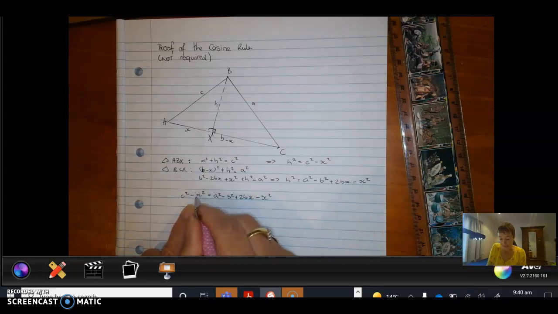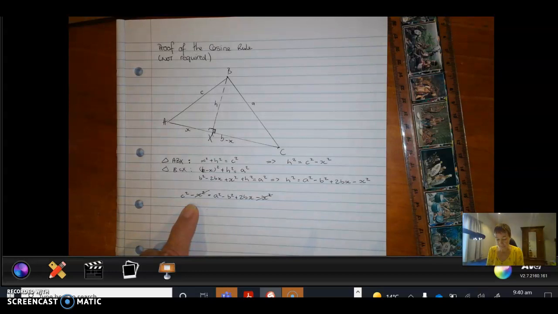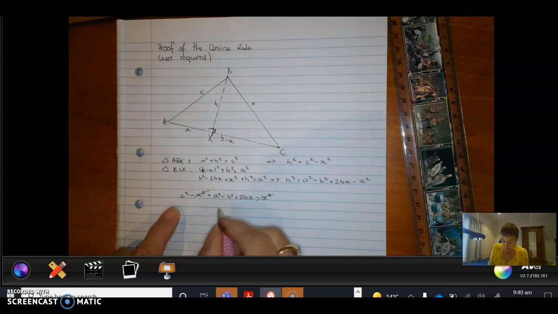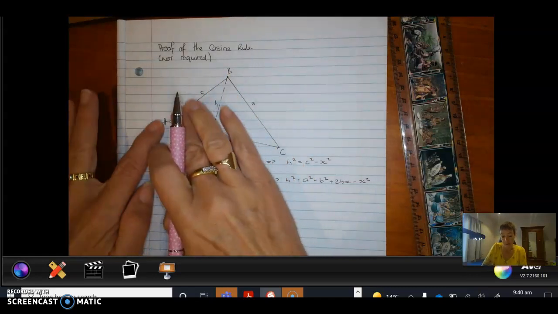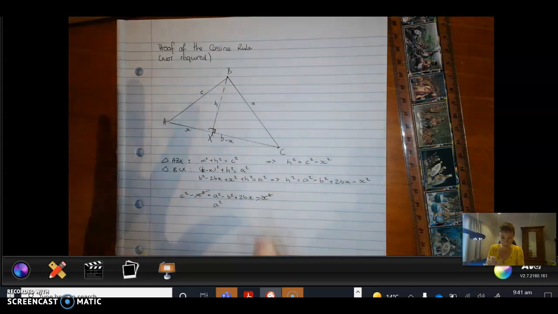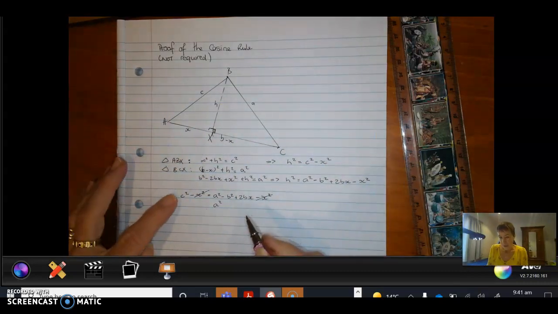Okay, I've got a minus x squared on both sides. So if I took that to the other side, that's actually going to cancel out. So that's quite good that I don't have any x's there. So I'm just going to write this with my a squared. I want it in terms of a squared because I'm going to be working with this triangle later on, and I'm going to have cos A, and it's the cosine rule, so obviously that's a little trick. Obviously knowing what you're doing helps, but this is how you would apply things.